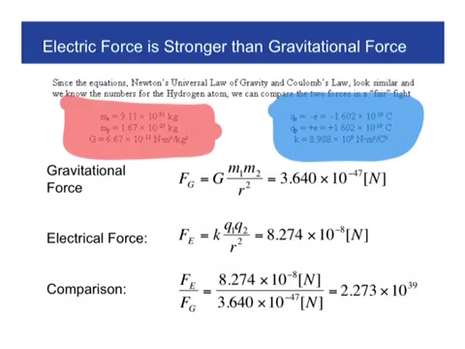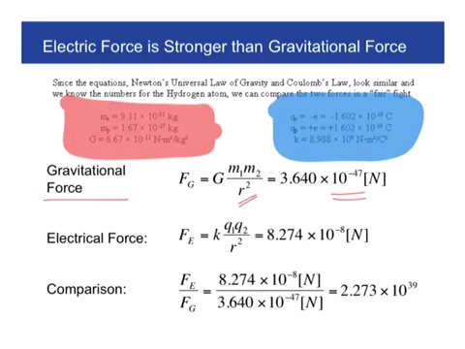And what you'll see is the gravitational force: mass of proton, mass of electron, distance between them. It's also known. I didn't show it in the picture, but it's a given value. So you can see it's very tiny. It's 10 to the negative 47.